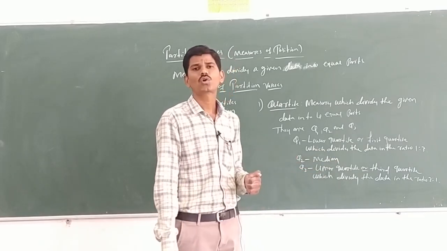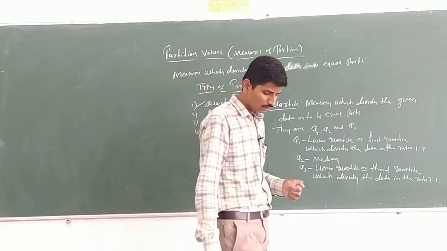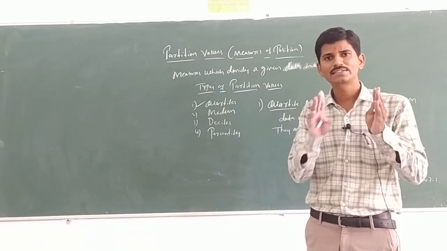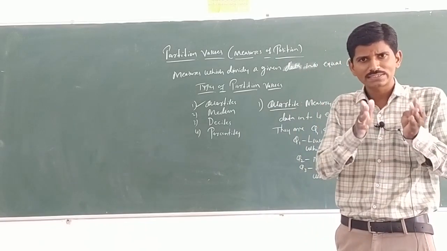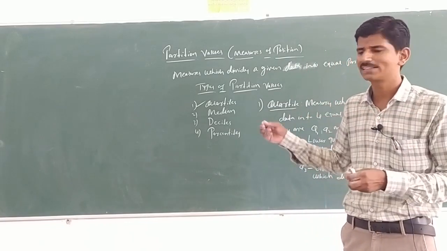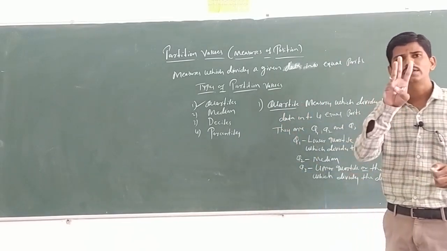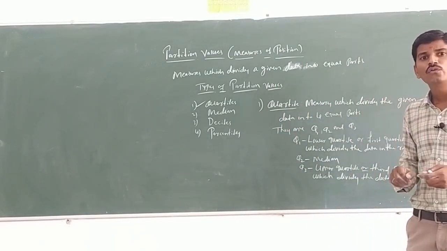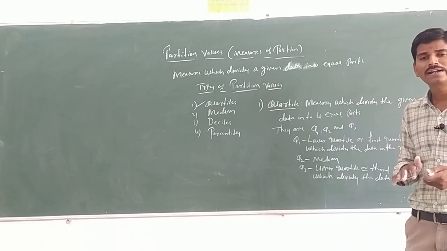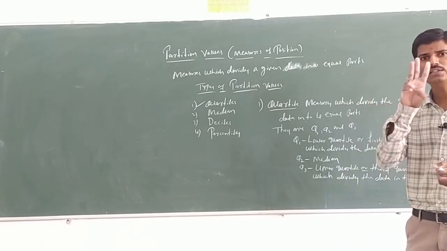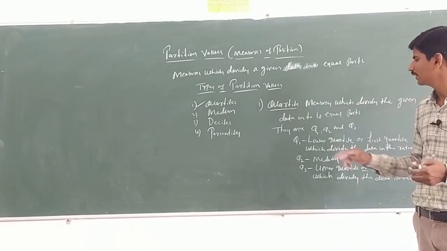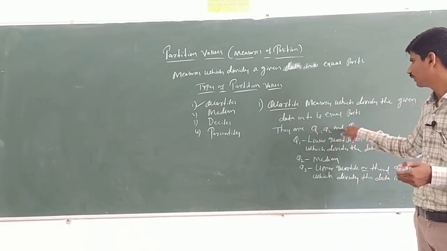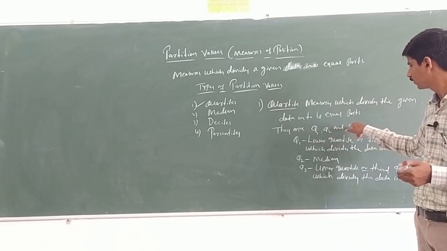What is a quartile? Measures which divide the given data into 4 equal parts. There are totally 3 quartiles, Q1, Q2 and Q3.